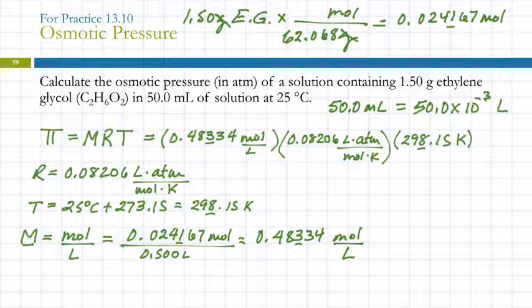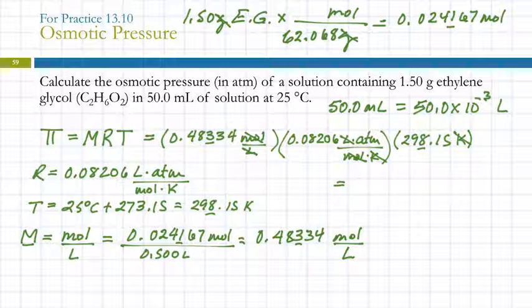And look what happens with the units. The moles cancel, the liters cancel, and the kelvins cancel. Isn't that beautiful? When the units work out nicely like that, that's encouraging. It doesn't prove that you're doing it right, but it's encouraging.